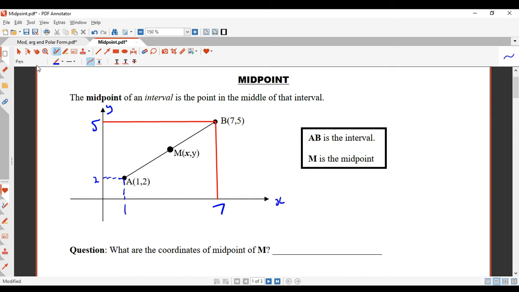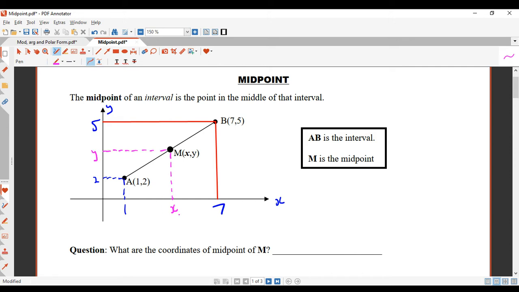Now I want to find the point right in the middle. If I just draw a dotted line here, that's the x value of M. If I come across here, that's the y value.